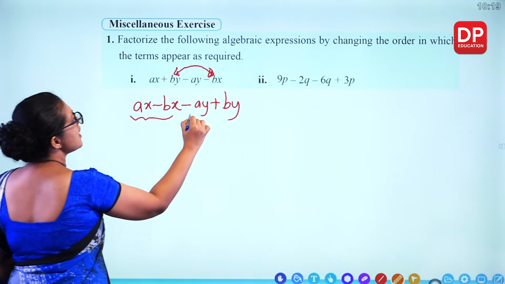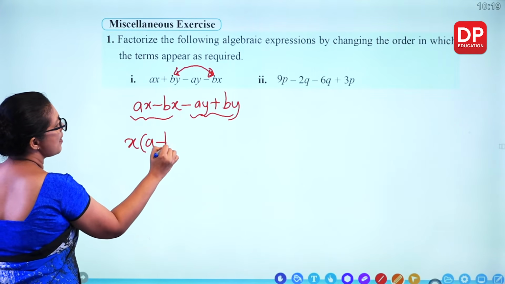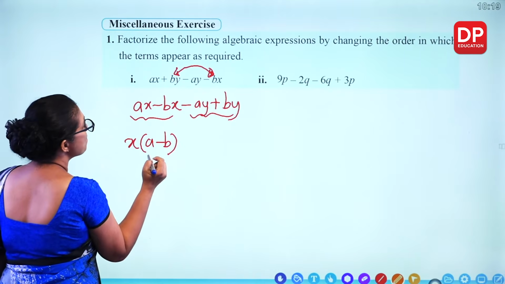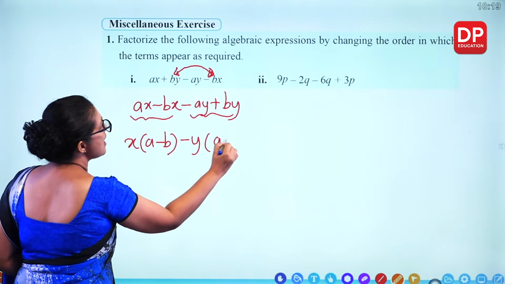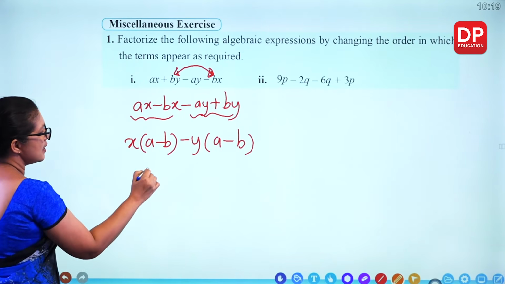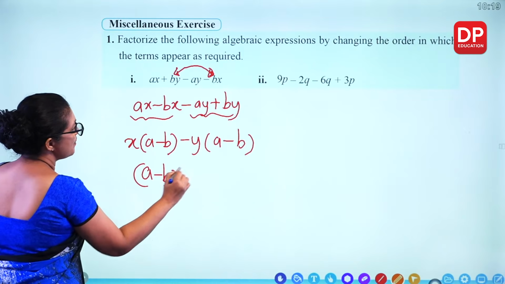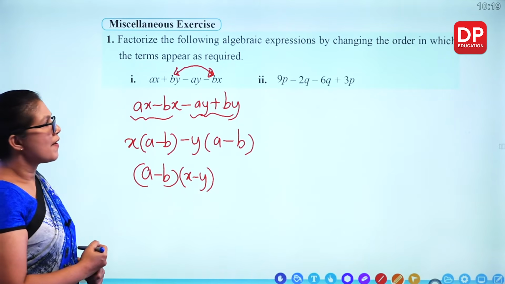Now, take two at a time. x out, you get a minus b. Here, I can take minus y out. a minus b. Here minus minus, here plus. a minus b is common. You get x minus y as the other factor.